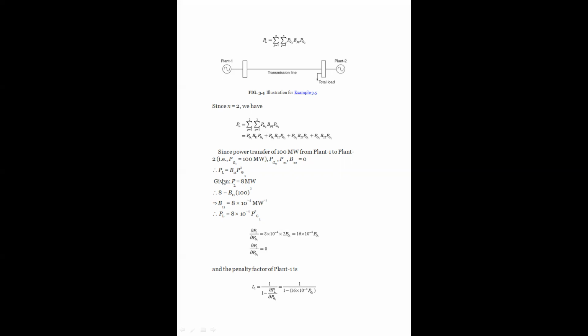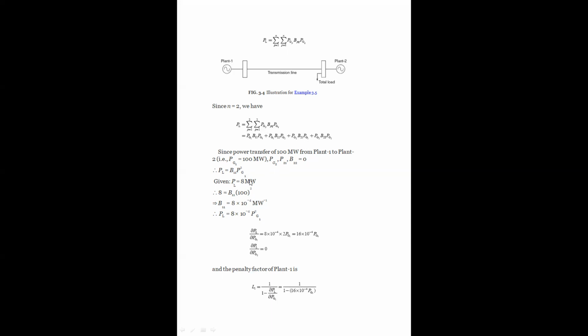The power loss is also given. What is the power loss? It is 8 megawatt. So substitute PL is 8. In the formula with B11 PG1 square and B12 PG2 square, the B22 value and PG2 value became 0. Substituting all the values, PL is equal to B11 PG1 square only.